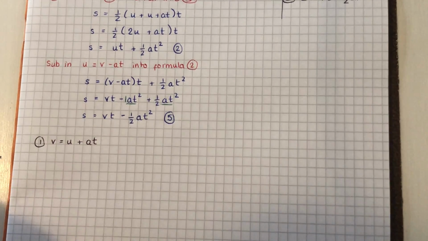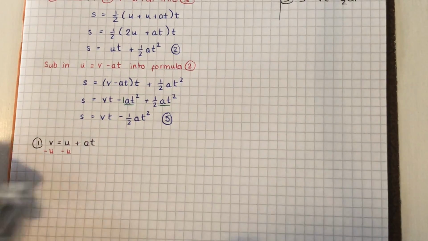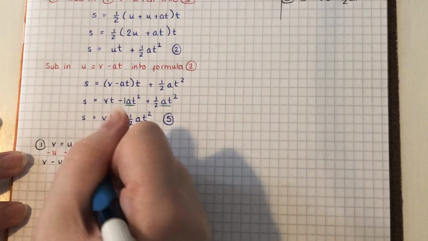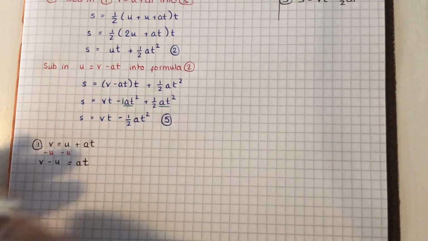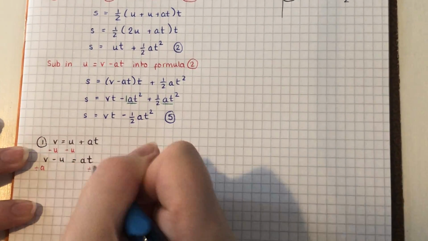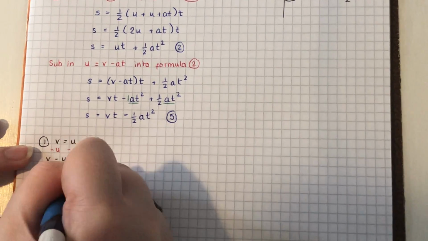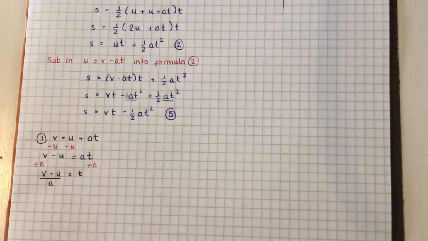To do that, I'm going to start with taking away u from both sides. So we've got v take away u equals at, and then divide both sides by a. So we have that v subtract u divided by a is equal to t.